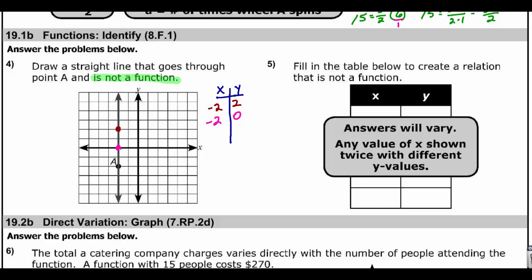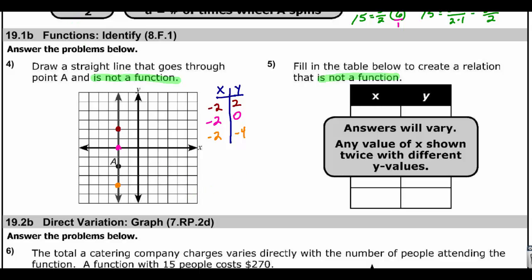If I put a point on the line right there, x is -2, y is -1, 2, 3, -4. You can see I have the same x every time, but I keep getting different y's. That's not a function.